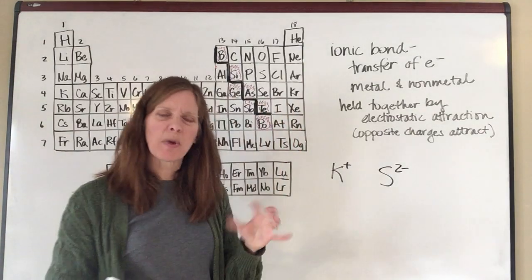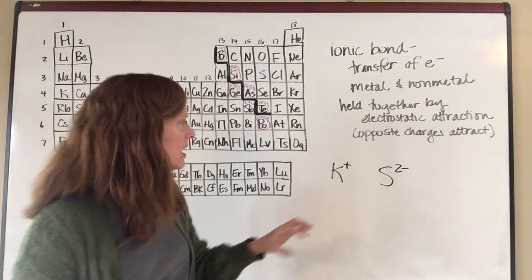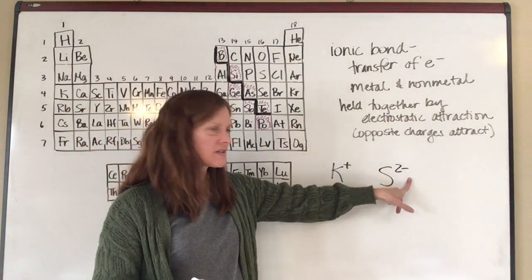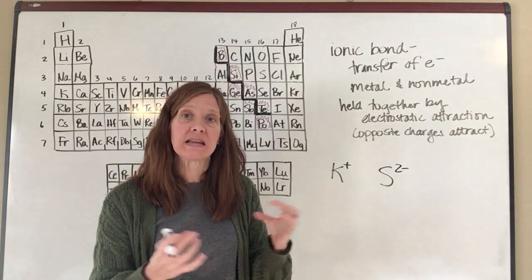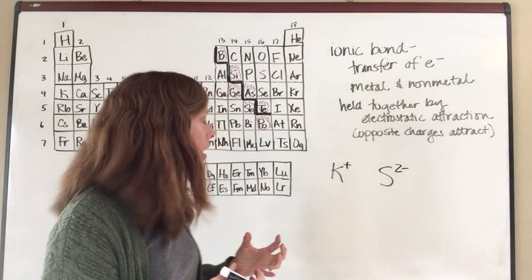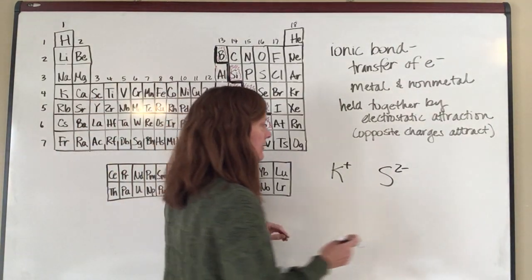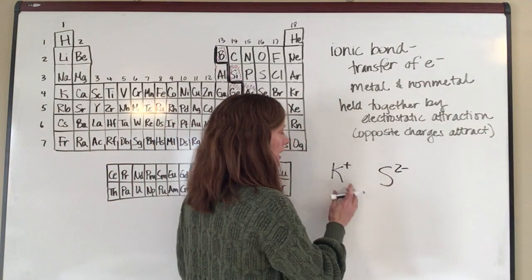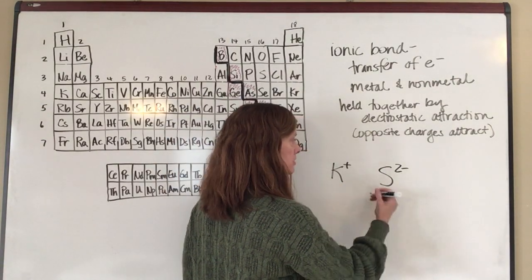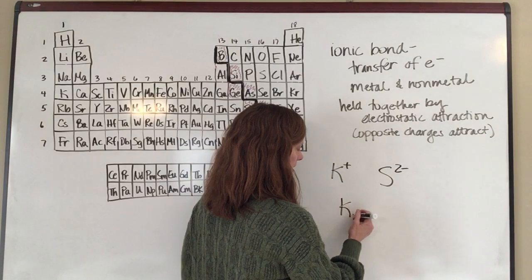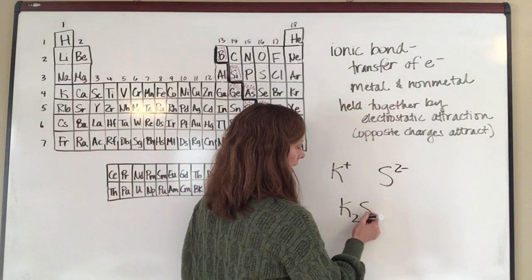Well, if you just think about your positive and your negative numbers, if this is a positive 1 and this is a negative 2, and they have to add up together to be neutral and make 0 so everybody's happy, what that means is that if he wants to gain 2, there have to be 2 potassiums there. So a formula between these two guys is going to be K2S.